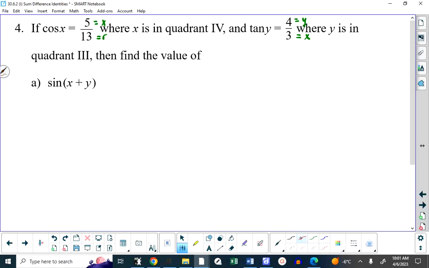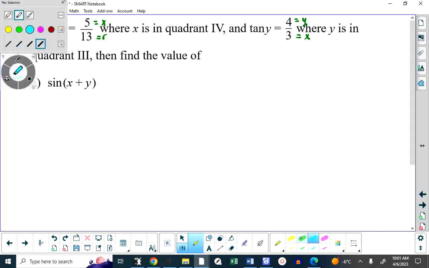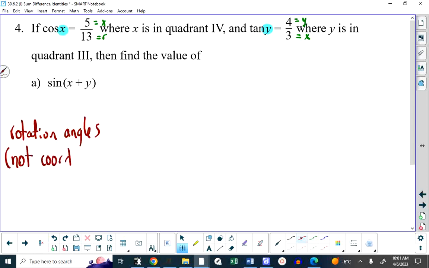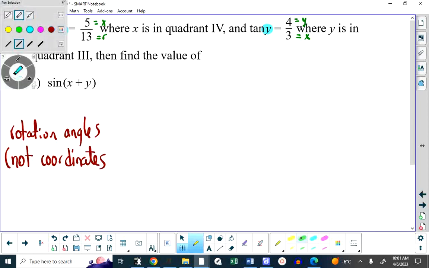This x right here, this x and this y are rotation angles, not coordinates. So we have to keep that straight.